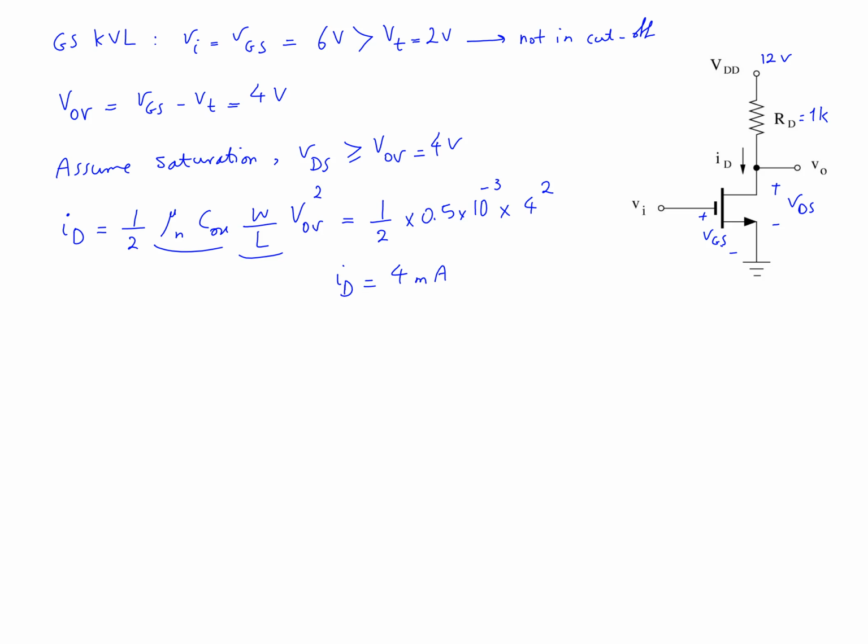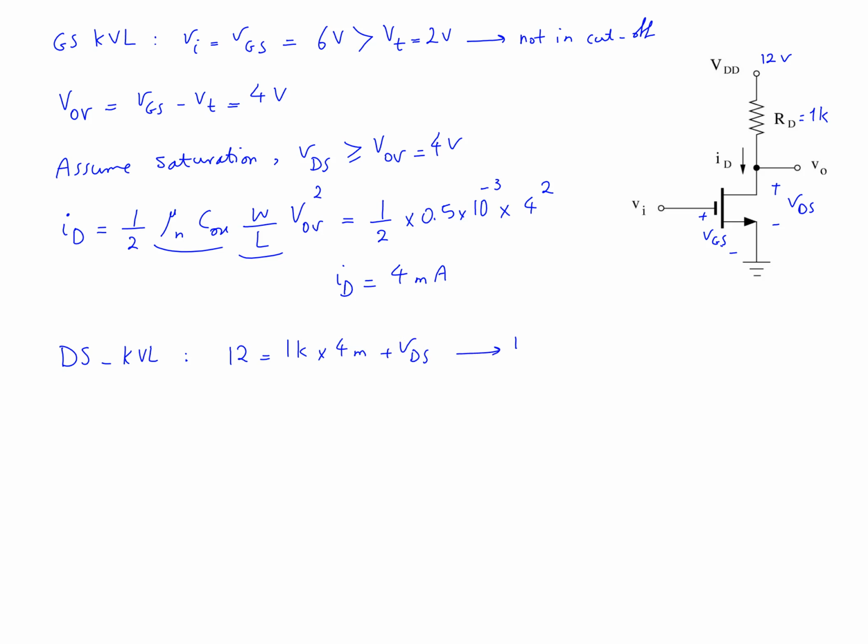Now, I'm going to use this ID in the drain source KVL equation to find the value of voltage of drain to source. So 12 equals to 1K multiplied by 4 milliamps plus voltage of drain to source.